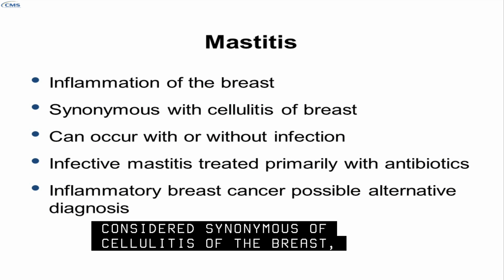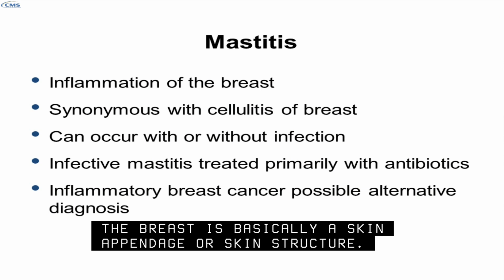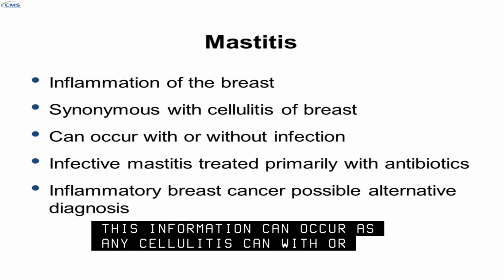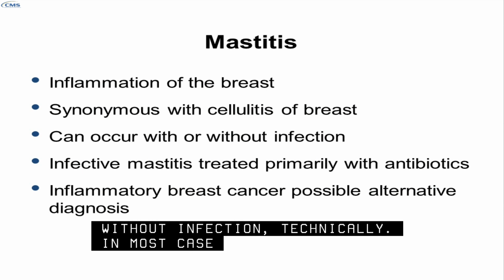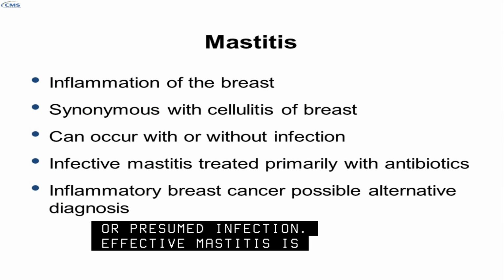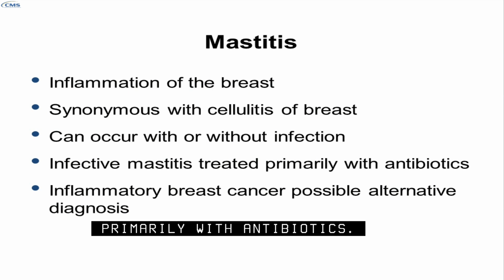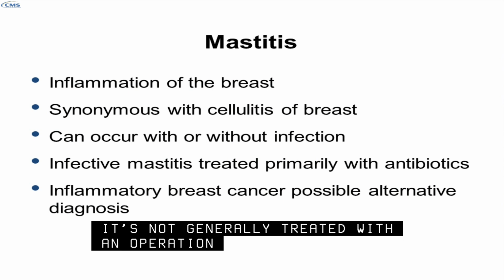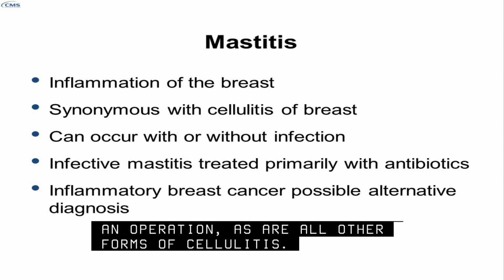This inflammation, of course, can occur just as any cellulitis can, with or without infection, technically, although in most cases what we clinically mean is that there is an infection or a presumed infection. Infective mastitis is treated primarily with antibiotics. It's not generally treated with an operation, as are really all other forms of cellulitis in its simple form.